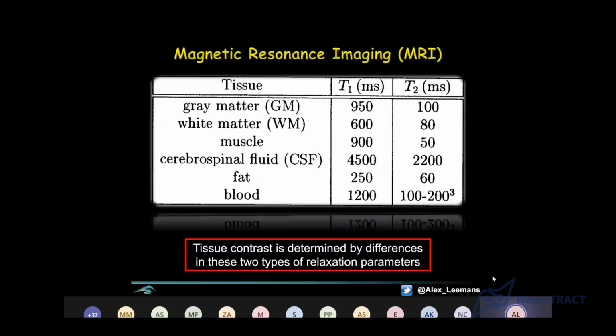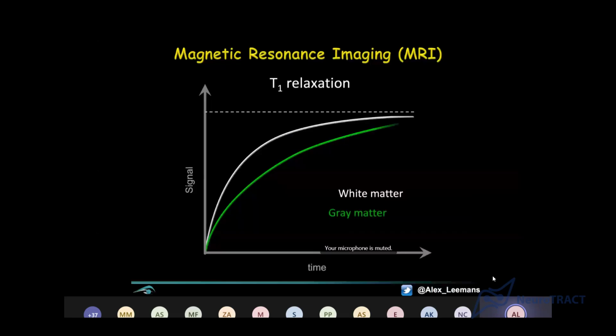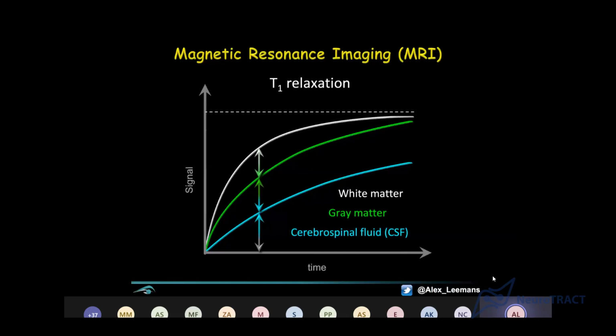So if we were to look at white matter, gray matter, and CSF, you would see different relaxation curves. And the signal basically originates from the relaxation properties, and so the contrast is basically caused by the difference in the relaxation profiles.